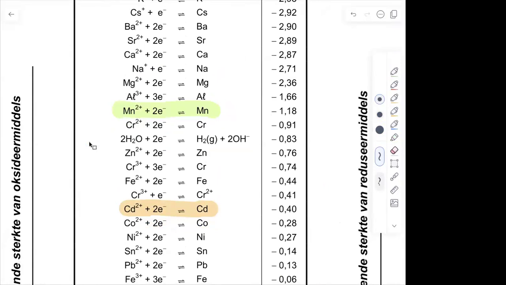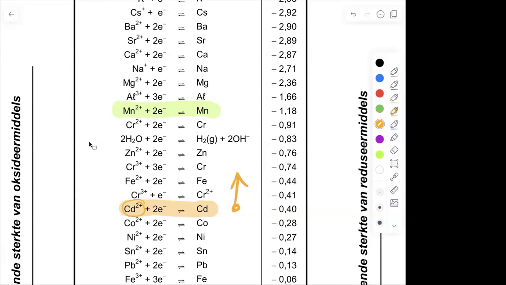I'm looking from Cd going up, because as I go up, my reducing ability increases. I find strong reducing agents there: chromium, iron, zinc, hydrogen with the hydroxide, manganese itself. Everything going up is going to help me reduce the Cd2+, right?